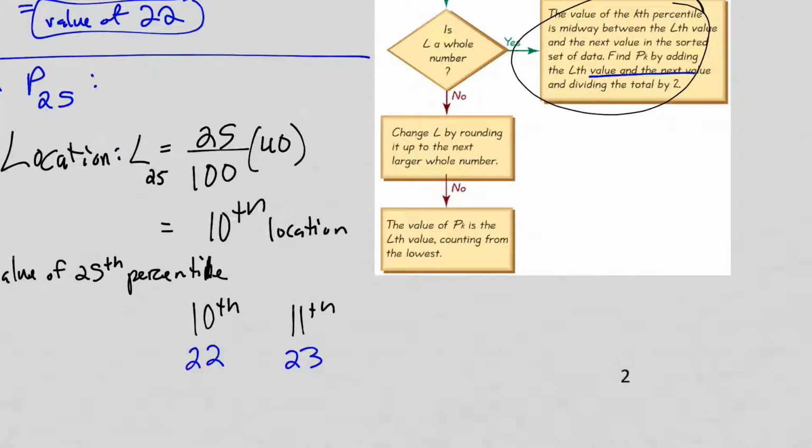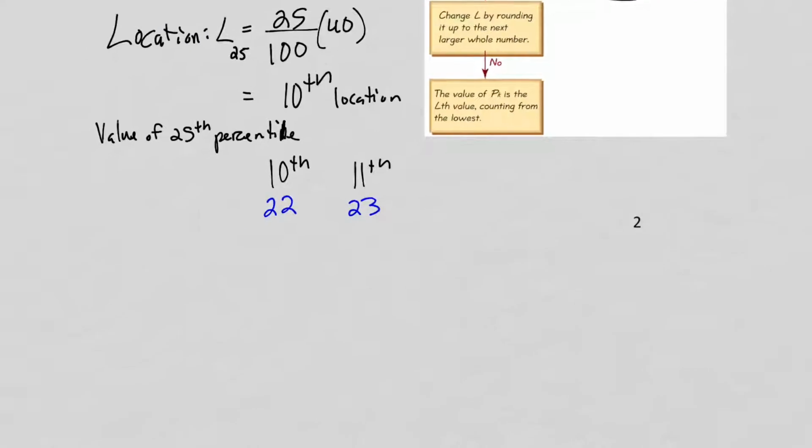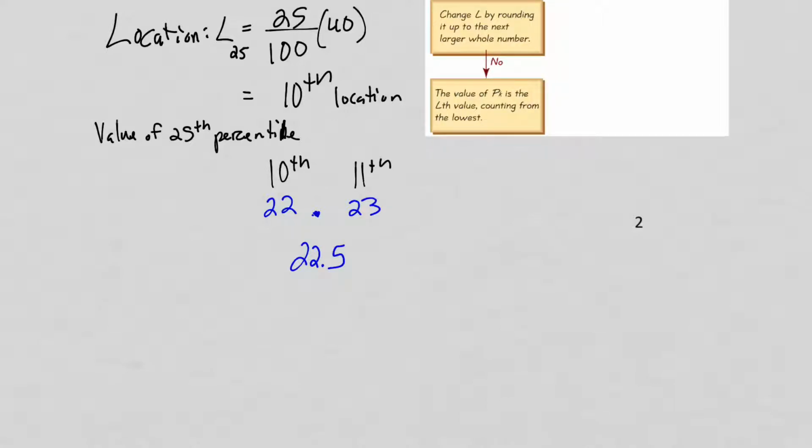So 22, 23, and it says add those two and then divide by 2, which is basically finding the midpoint between those two. Since they're consecutive numbers, that's going to be 22.5. So the 25th percentile is 22.5.